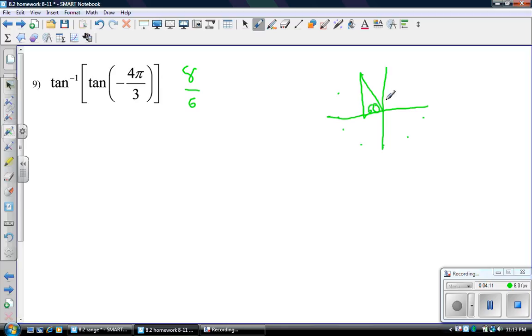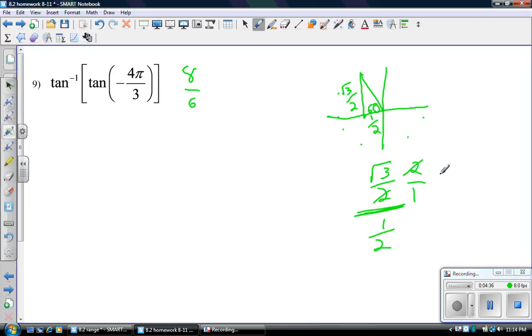And then I go, okay, what actually is the tangent of this 60-degree angle? Well, this is root 3 over 2 for the opposite. This is 1/2 for the adjacent. And so opposite over adjacent would be root 3 over 2 divided by 1/2. That means multiplied by 2 over 1.